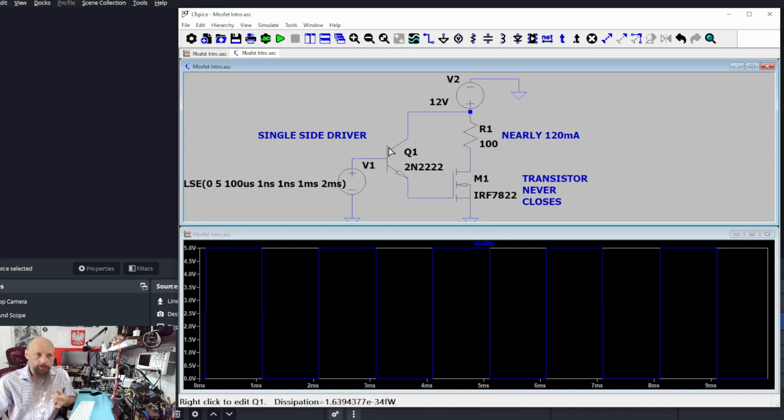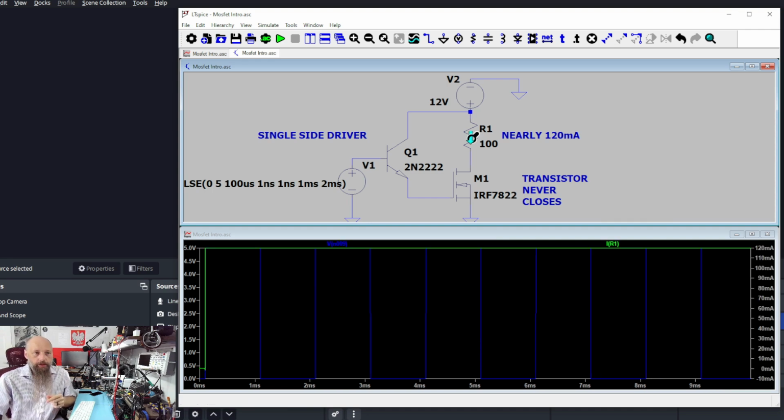As the voltage goes to 5 volts on the base of our Q1, it opens and delivers current to the gate of our MOSFET. The MOSFET we're using in this whole example and all of the examples following is the IRF7822, which is a relatively popular transistor for low voltages and relatively low currents, but you can do a lot with this transistor.